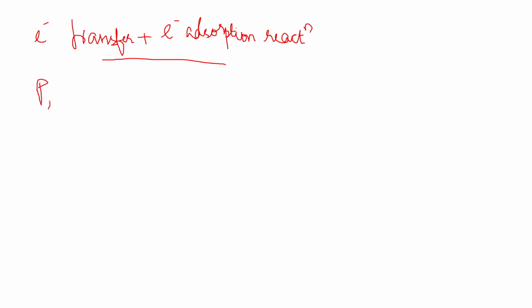If I write it, I can write it in the form of P going into solution, giving K1, its rate constant. So it directly goes into the solution, and an electron transfer is involved in this step.